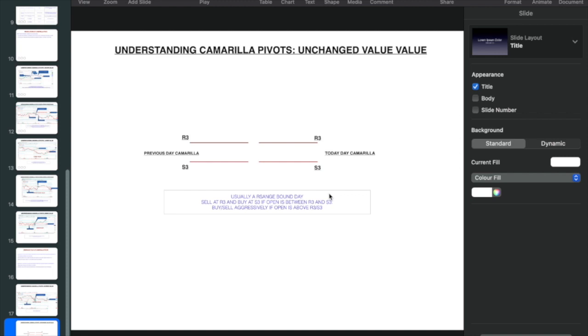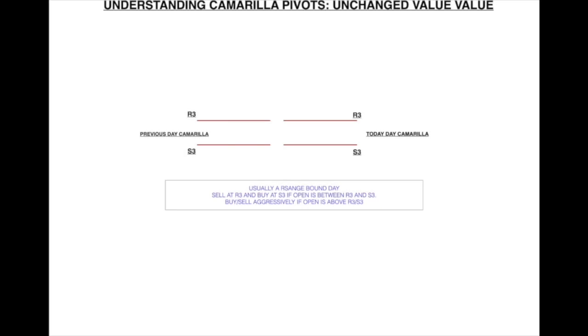Generally these are the conditions. I have explained each and every condition possible in the Camarilla pivot relationship. But please keep in mind two or three points. First, the formation of candlestick patterns at the resistance or support level is very important.